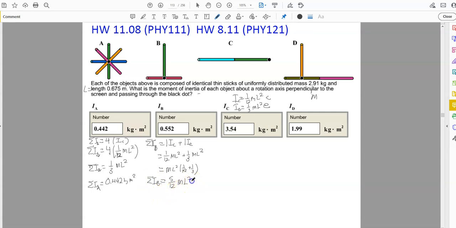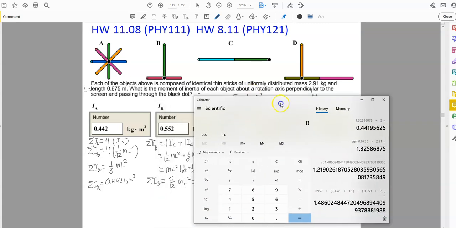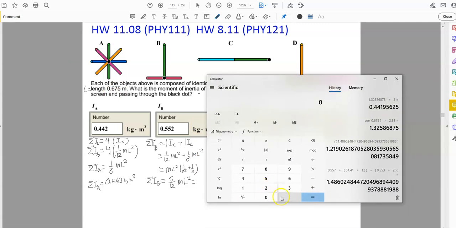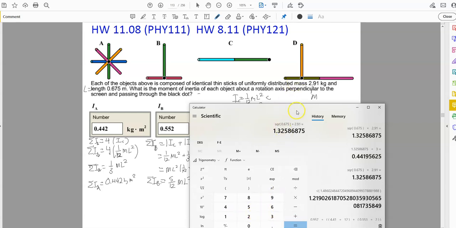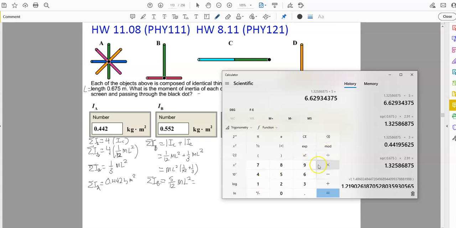And now we're going to plug in our numbers. Again, it's 0.675 squared times the mass, which is 2.91, so that's 1.3258, times 5, divided by 12.